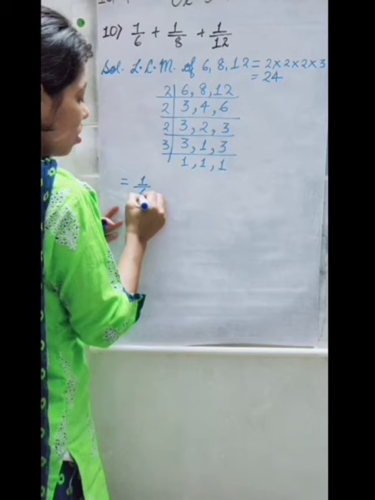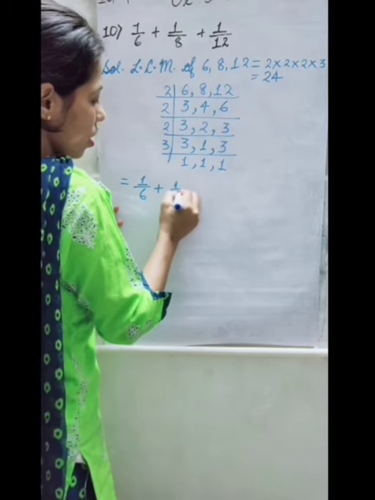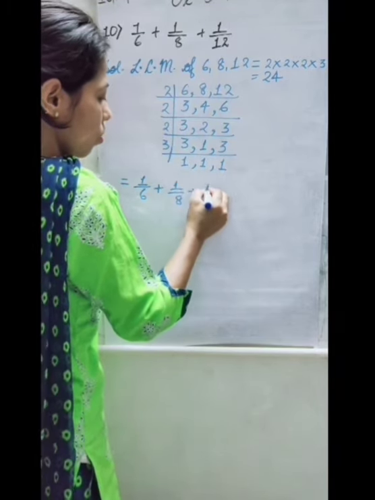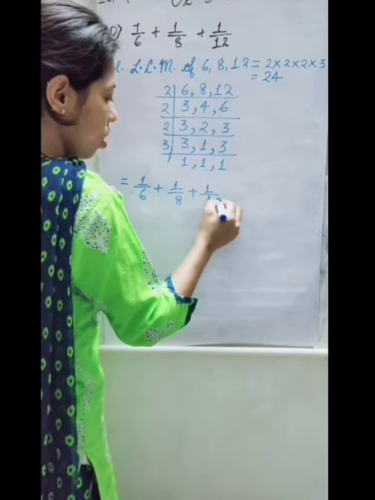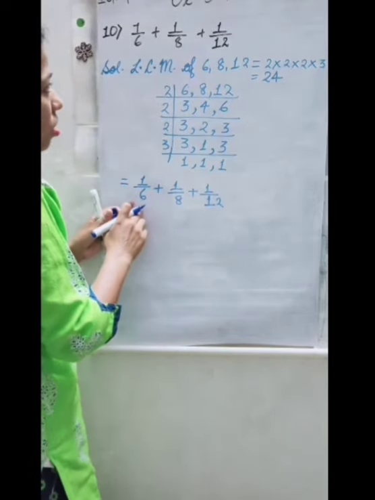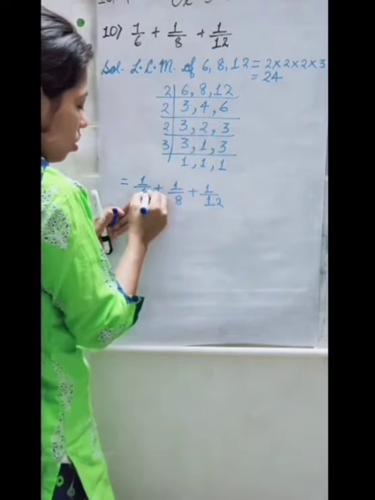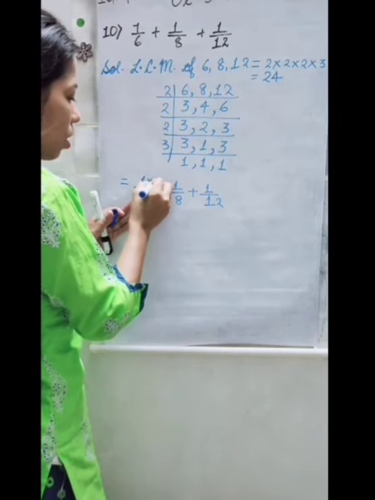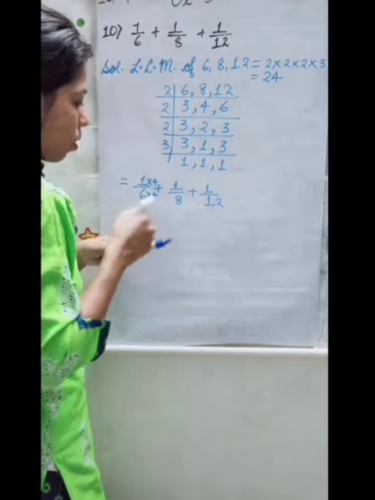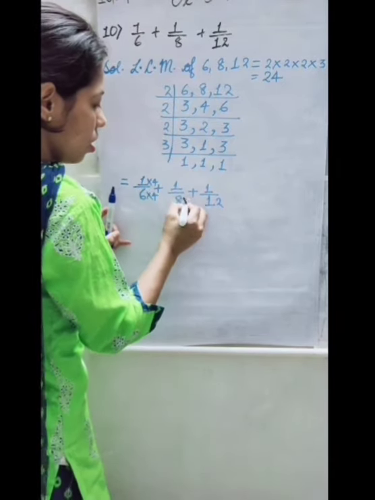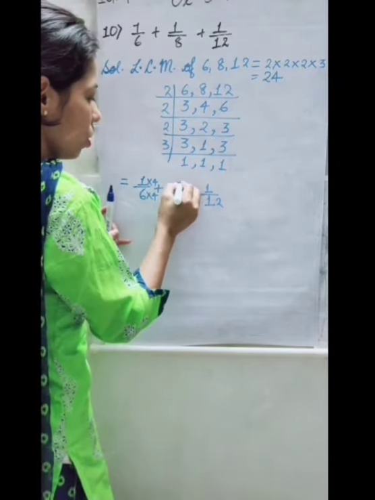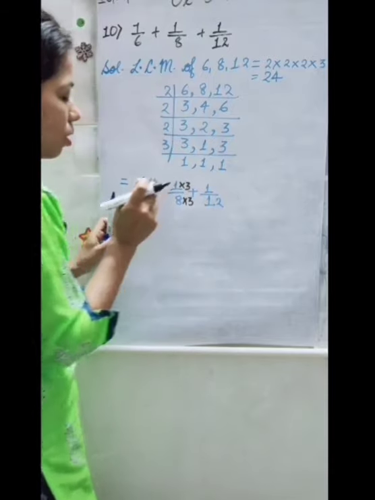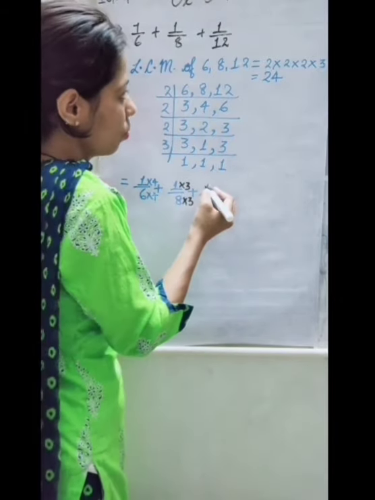1 by 6 plus 1 by 8 plus 1 by 12. Now how we will change this 6 to 24? By multiplying this 6 by 4 and numerator also by 4. Then 8 3s are 24 and we will multiply the numerator by 3.